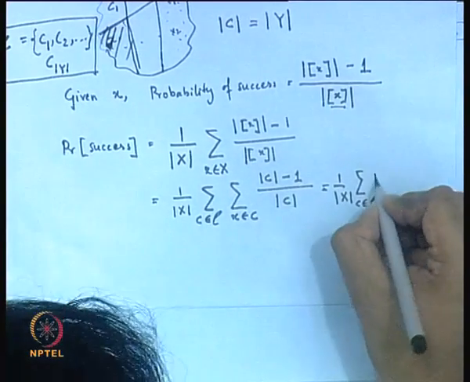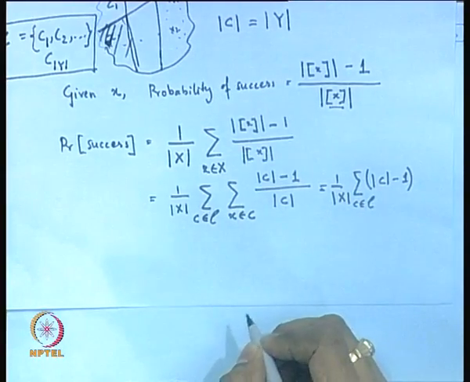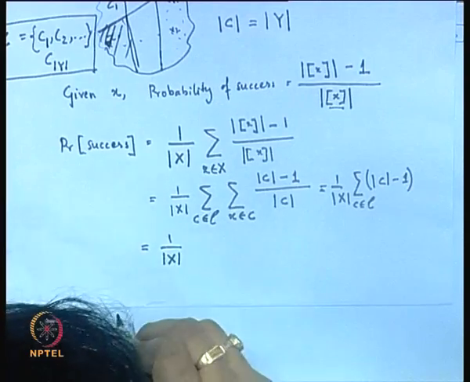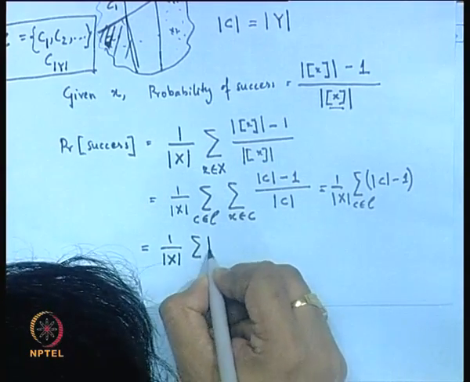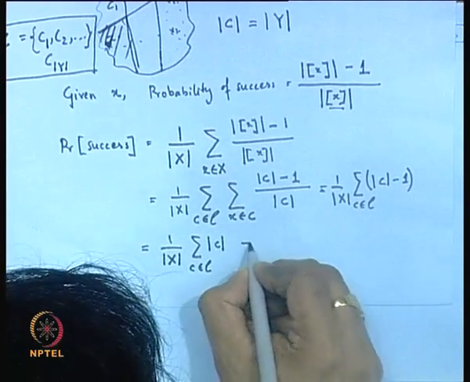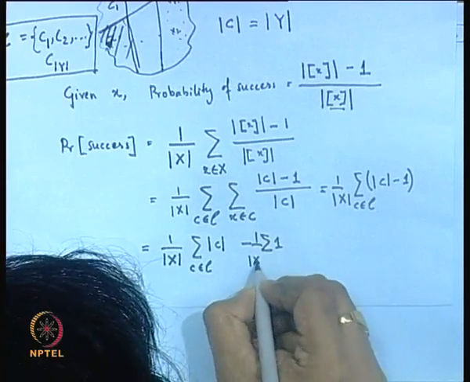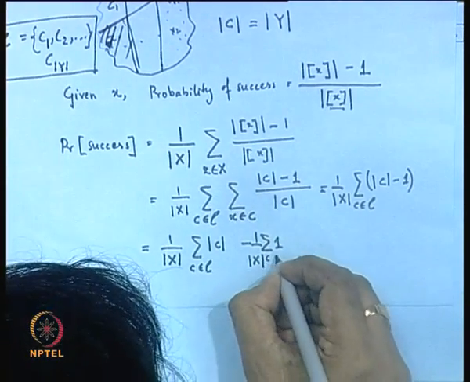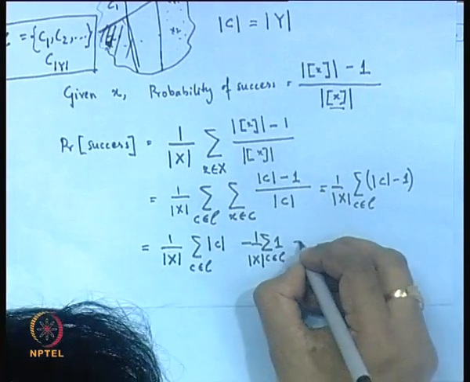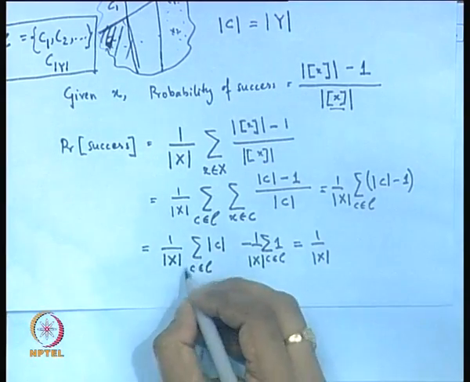So you get cardinality of C minus 1, and this computes to 1 by x. I can break this into the sum over C in the collection set of cardinality of C, minus the sum of 1, where C again varies over the collection set. So what does the first term compute to? It computes to mod x.